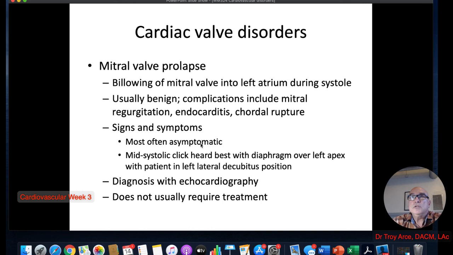A lot of that chordal stuff is like that connective tissue to hold everything together in there. Sometimes this can get ruptured in trauma and sometimes from wear and tear. Signs and symptoms, it's most often asymptomatic. Mid-systolic click heard best with the diaphragm over the left apex. The apex is the top, okay? Or the bottom, as you were.